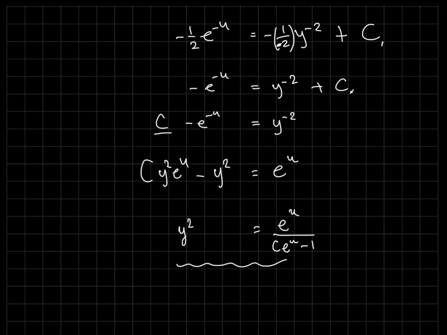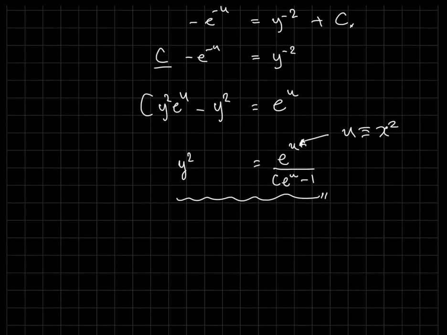This is getting closer to an explicit expression, but if you don't really require the explicit expression, now we can substitute back our x squared. Recall that we defined u to be x squared. So what I now have is y squared equals e to the x squared over c e to the x squared minus 1.